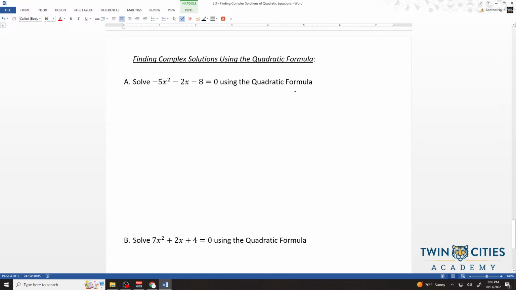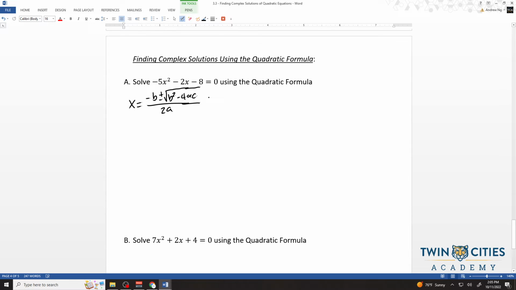Okay, so the quadratic formula again is x equals negative b plus or minus the square root of b squared minus 4ac all over 2a. And that discriminant part, b squared minus 4ac, this tells us how many solutions we have, remember.